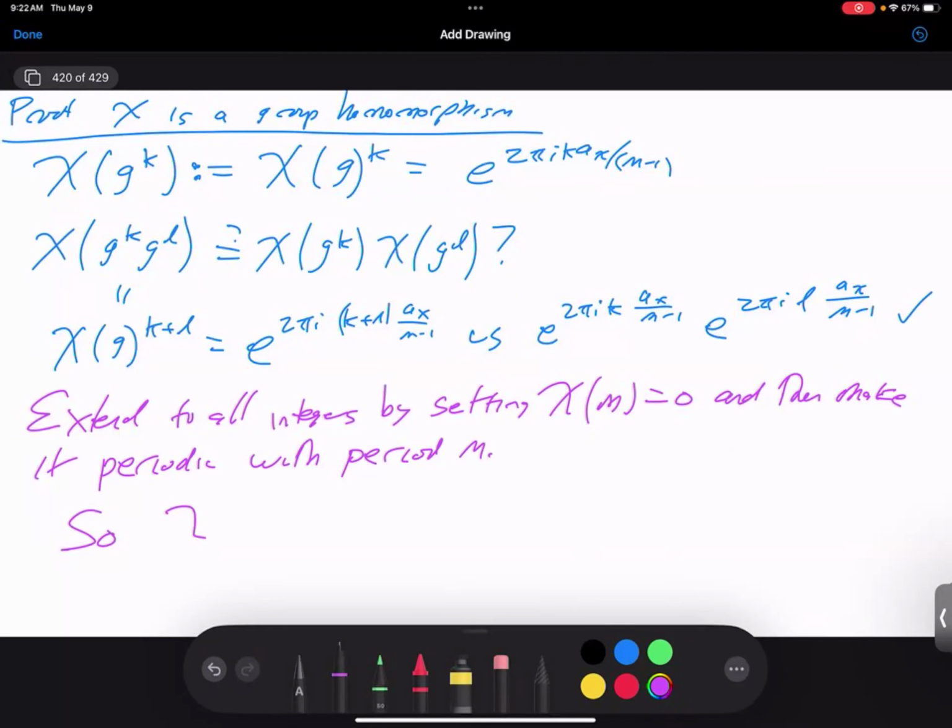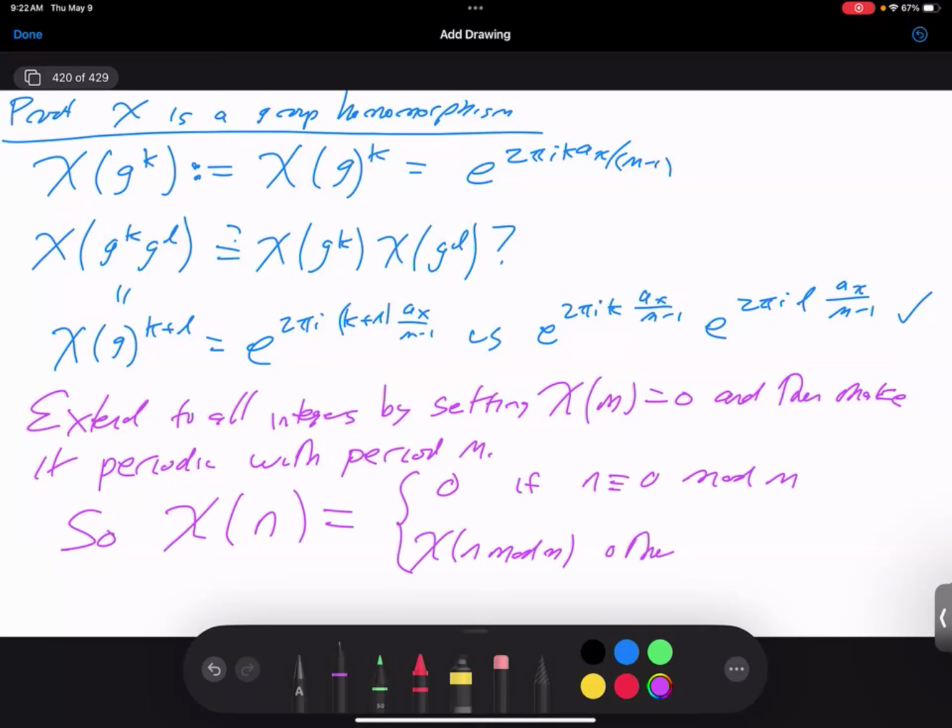So chi of n is equal to 0 if n is congruent to 0 mod m, and then chi of n mod m otherwise.